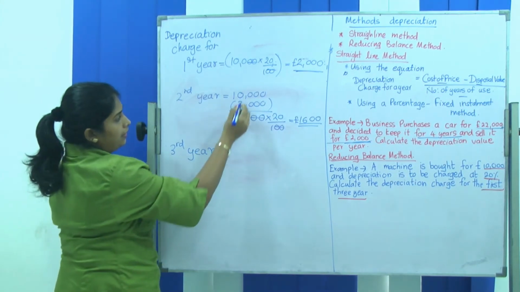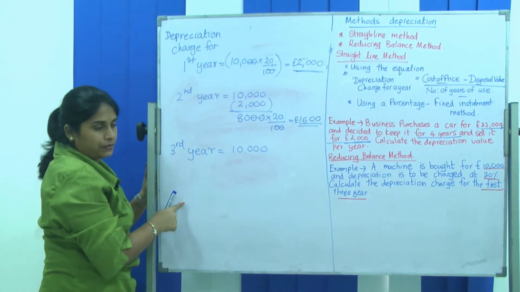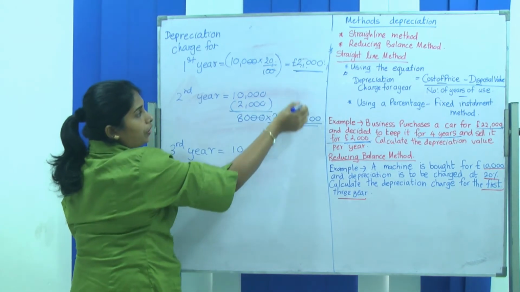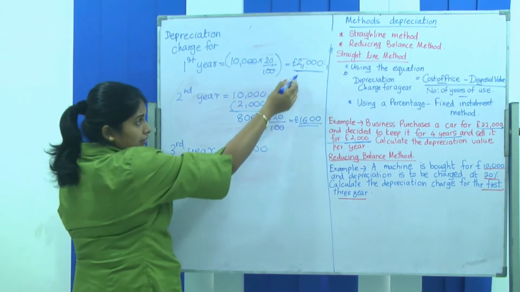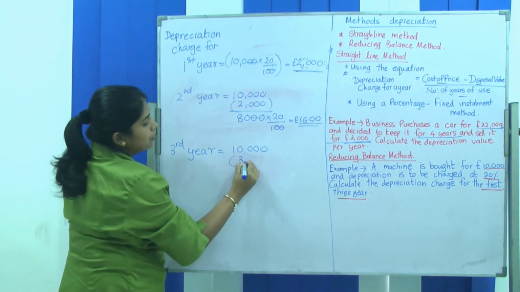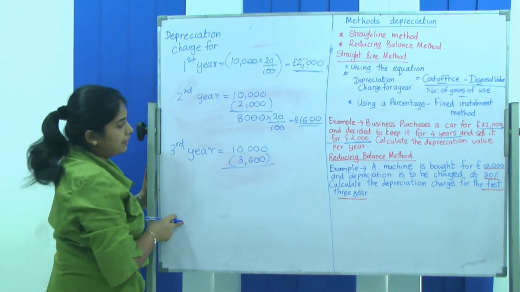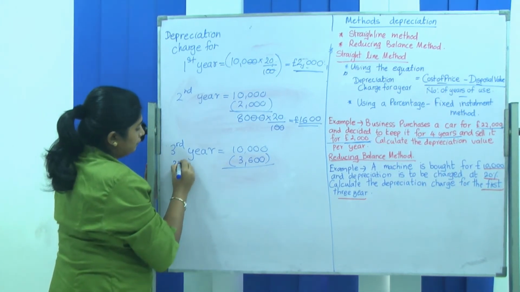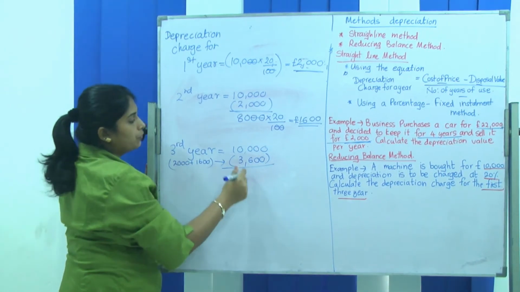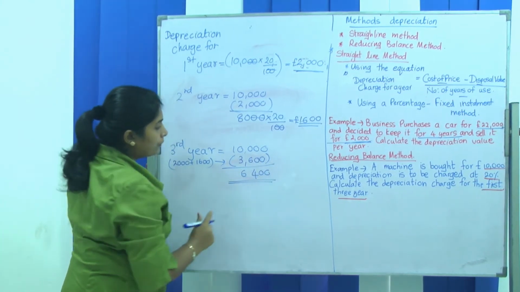Third year, the cost is 10,000, but before you calculate the depreciation charge for the third year, the earlier 2 years you have already depreciated 2,000 and 1,600. That means altogether 3,600 already depreciated. So that amount you have to deduct, and you get 6,400.